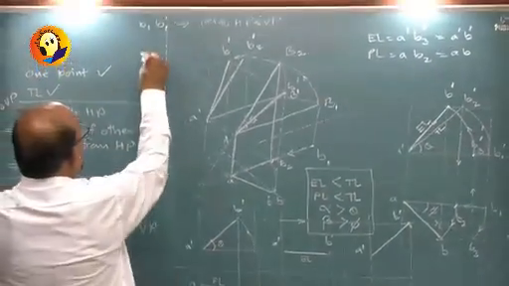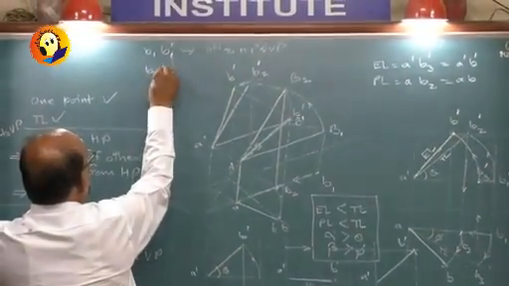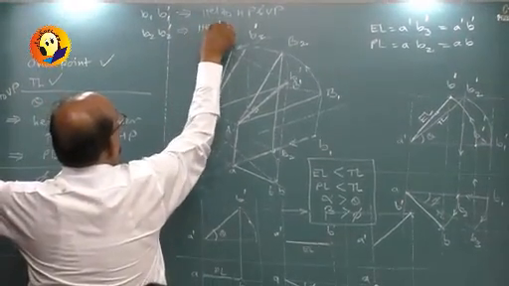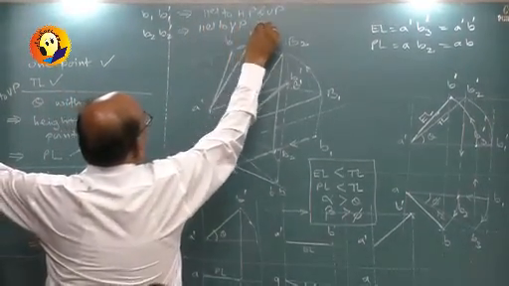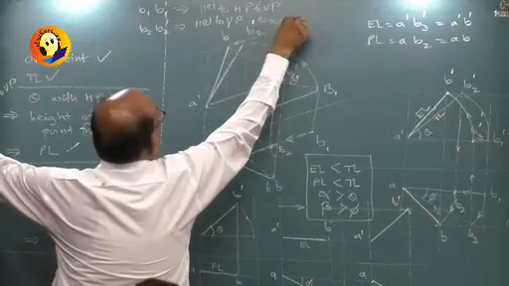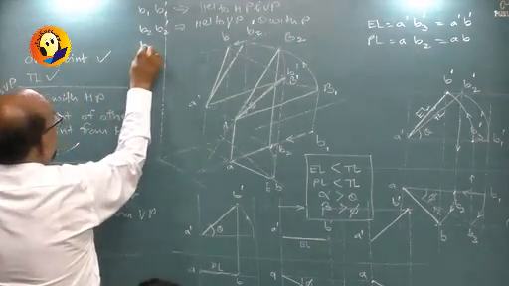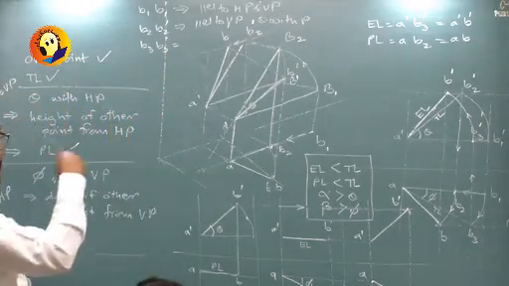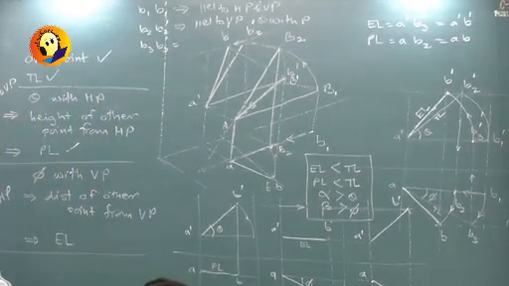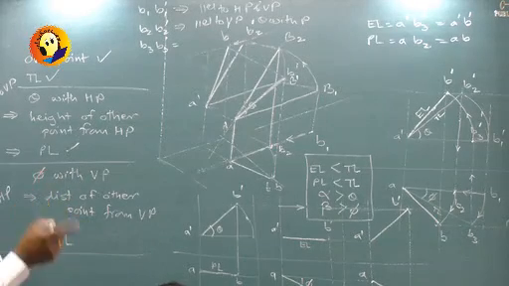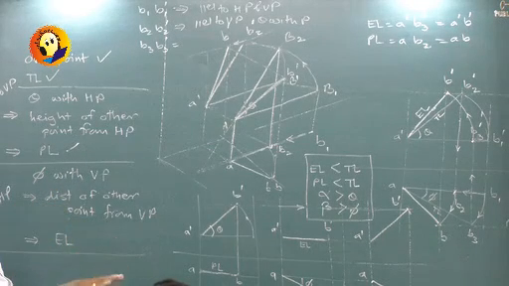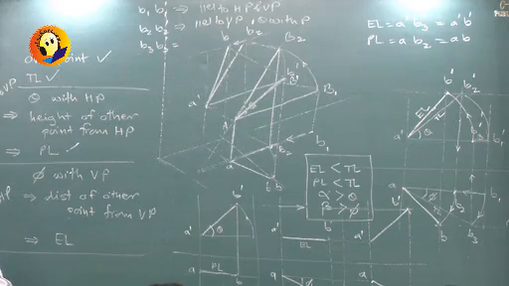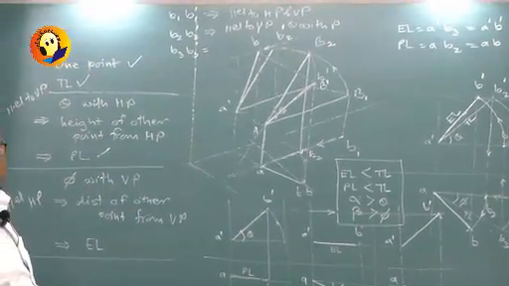In the second case I have got B2 and B2 dash, line is parallel to VP and theta with HP, and B3 was line parallel to HP and phi with VP. That is the nomenclature I am following. So initially 1 1, theta it is 2 2, phi it is 3 3, and finally A dash B dash and AB.